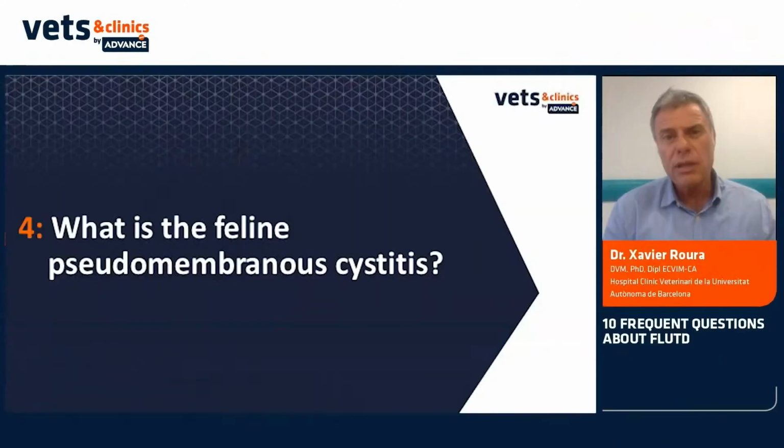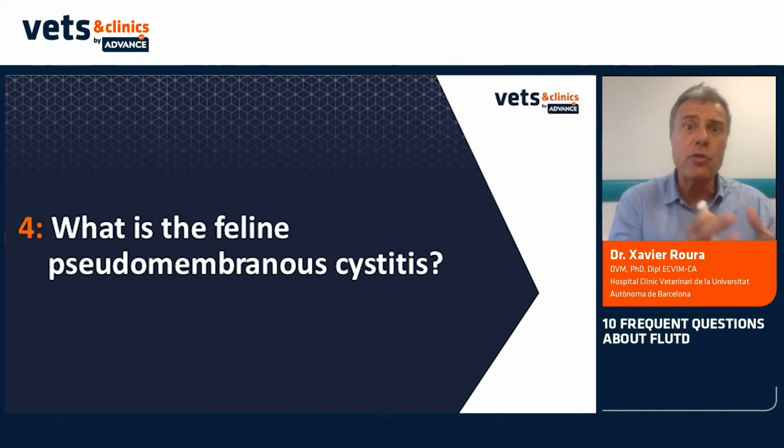Well, we talked about how feline lower urinary tract disease is a quite complex disease, because at the end it's not just one disease. The same clinical signs are associated with different causes or different etiologies, so different diseases in a cat produce the same clinical signs.